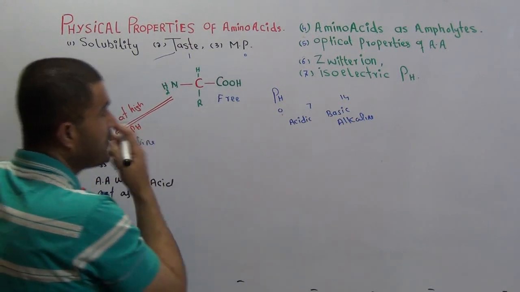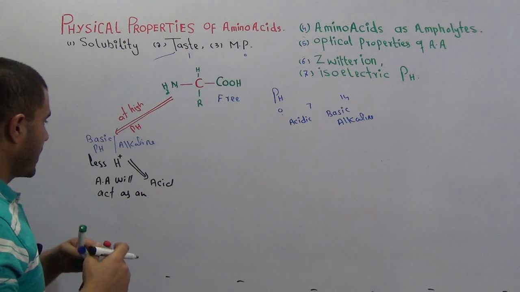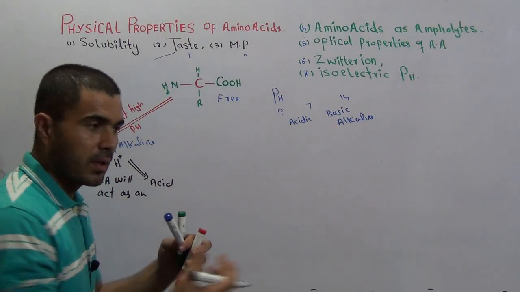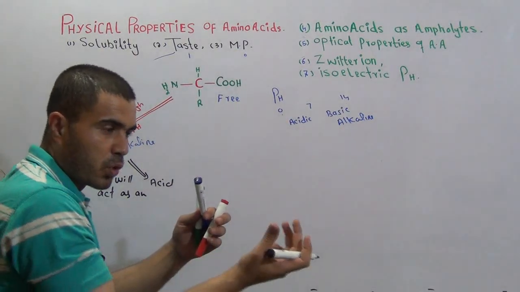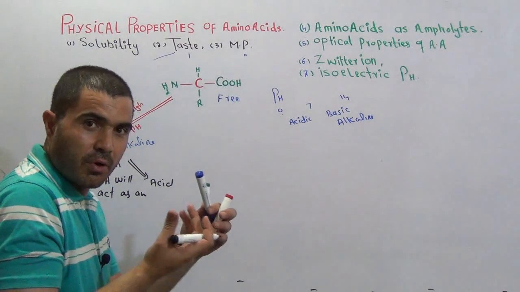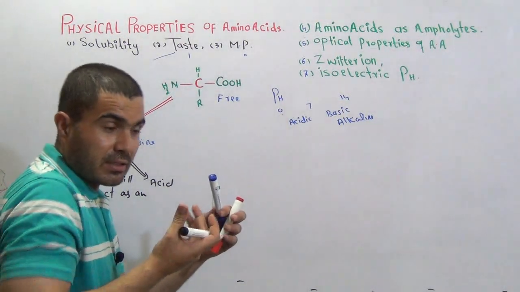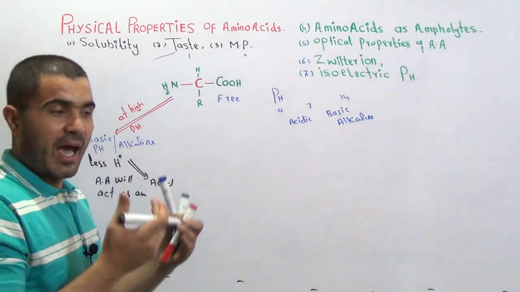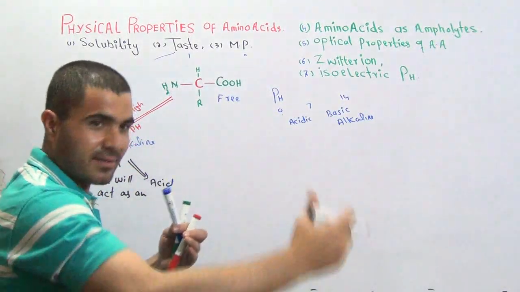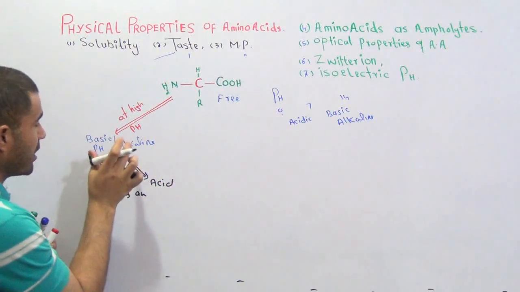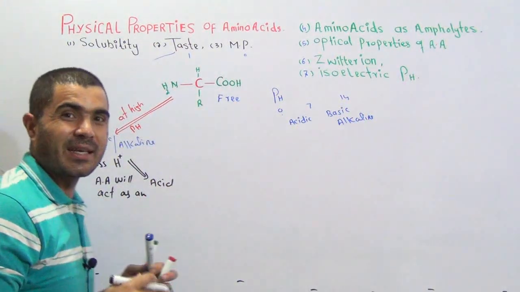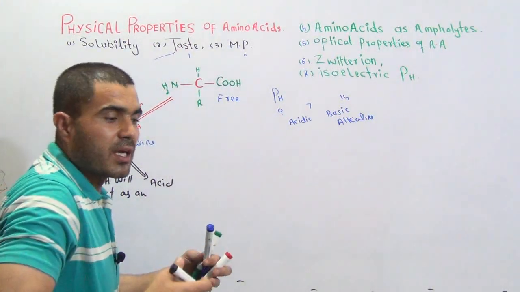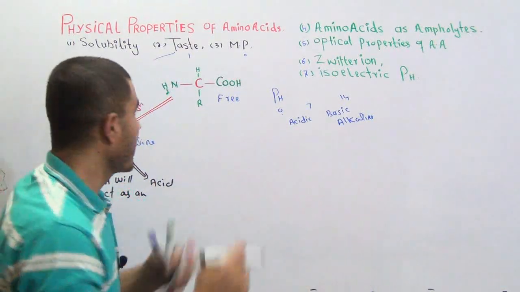So now what will happen? You know very well that an acidic compound donates protons, and basic compounds receive protons. So if the amino acid acts as an acid, what will it do? It will release a proton.